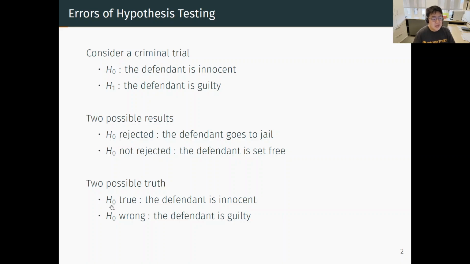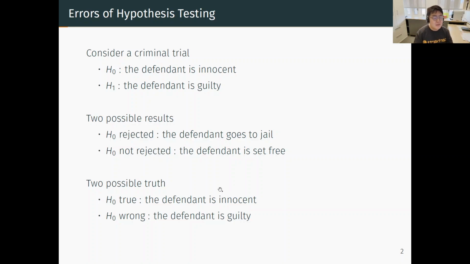The null hypothesis could be true, so the defendant is actually innocent, or the null hypothesis could be wrong, so the defendant is actually guilty. But even though the defendant is guilty, there may be no evidence, or vice versa. Even though the defendant is innocent, there may be manipulated evidence, which is believed to be strong evidence, right?